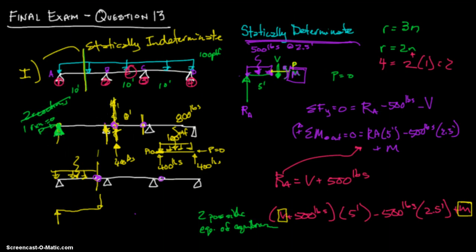Now, we come down here and we said every pin is a 1. So 1, 2 pin, 3 reactions, 4 reactions. And we have, this is now equal to 1, so that's 5 and 6. But now we have 3 members times 2 equals 6. That means it's statically determinate.